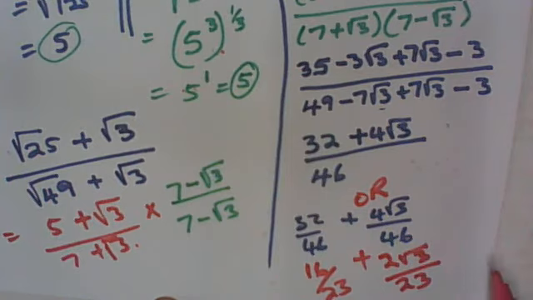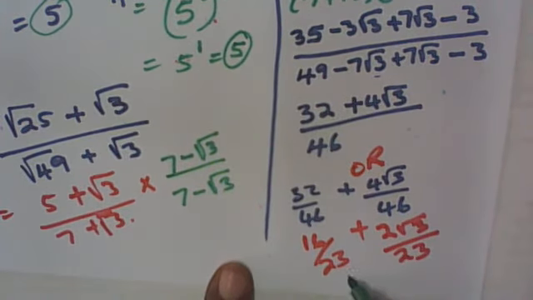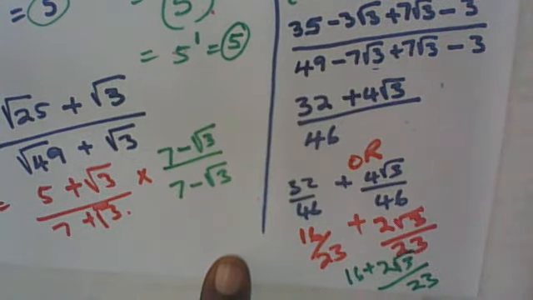That's it. Now, in a simplified form, it will be 16 plus 2 root 3 over 23. That will be the final version of it.